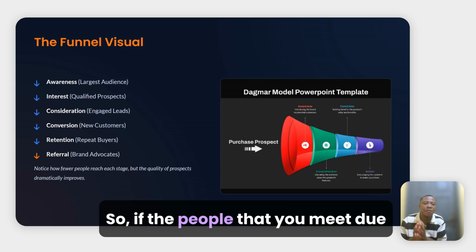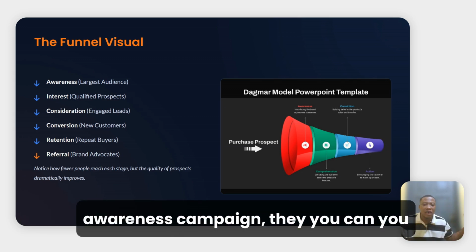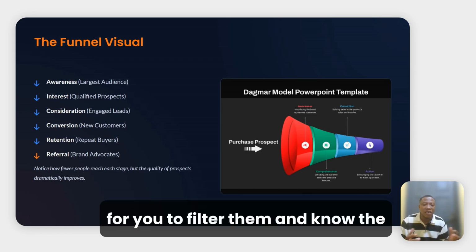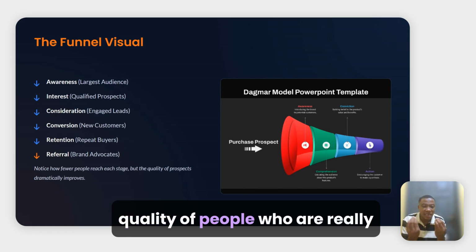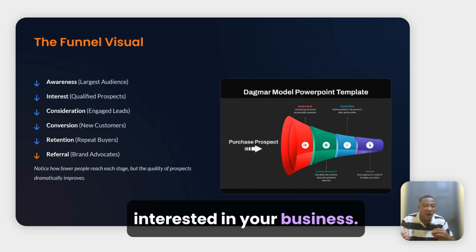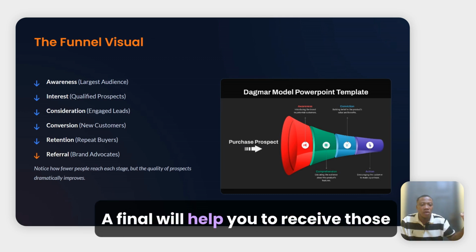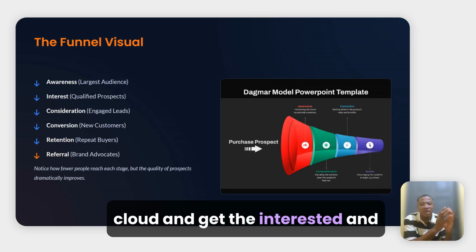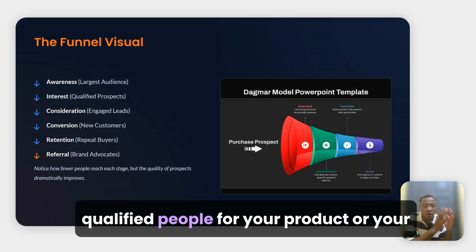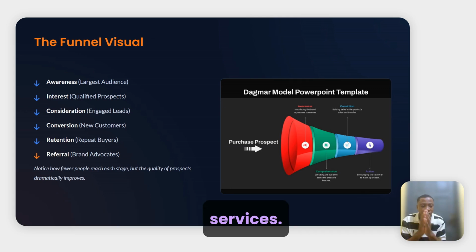So the people that you meet during the awareness campaign, a funnel will help you filter them and know the quality of people who are really interested in your business. A funnel will help you sift that crowd and get the interested and qualified people for your product or your services.